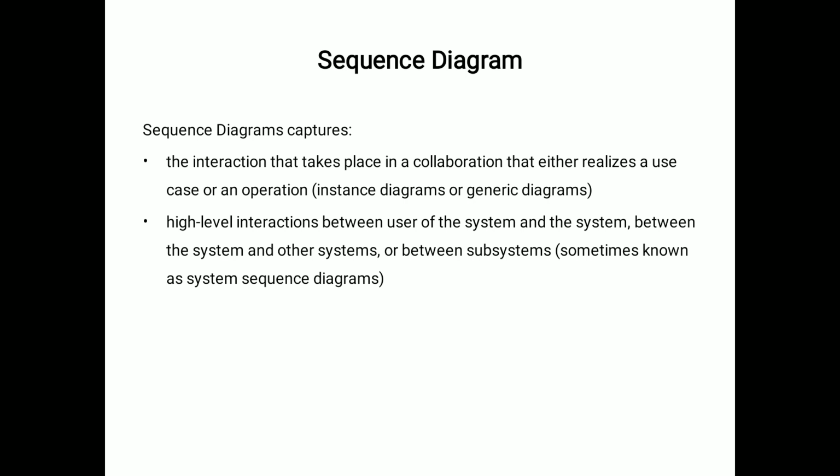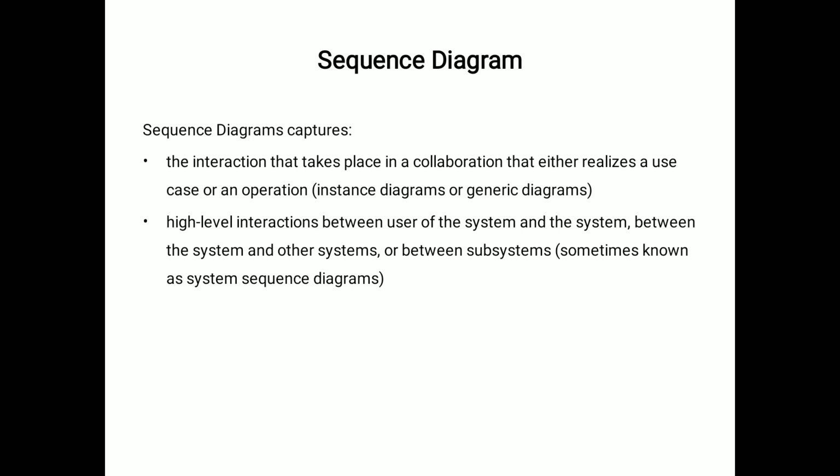Today we will learn the sequence diagram, which is part of Unit 3 from Software Design and Modeling. Now, this sequence diagram is a behavioral type of diagram of UML.